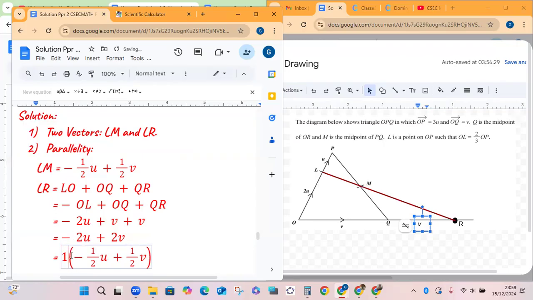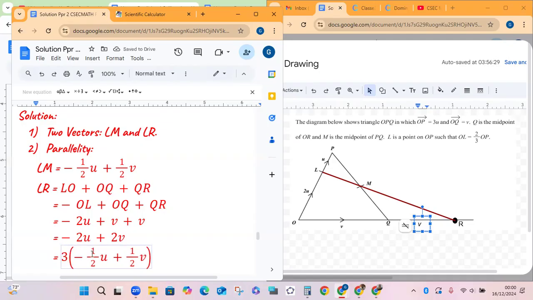If we try 1, multiplying 1 by minus a half and a half will not give us minus 2 and 2. Let's try 2. Multiplying 2 by minus a half, that's minus 1. 2 by a half, that's 1. 2 will not go.